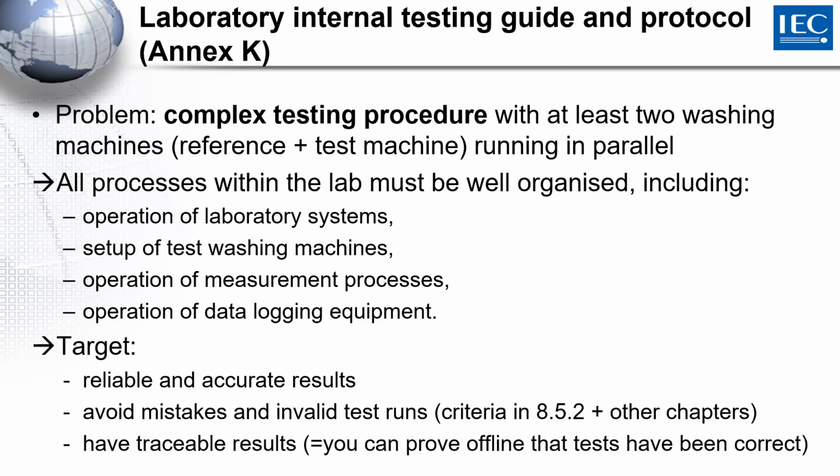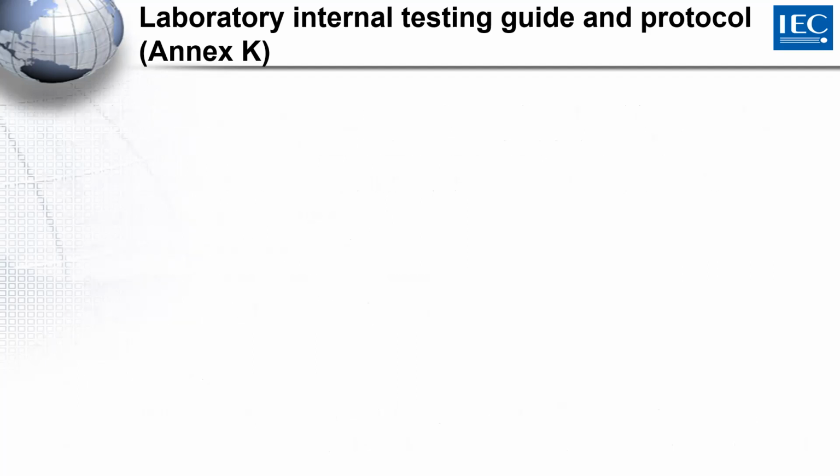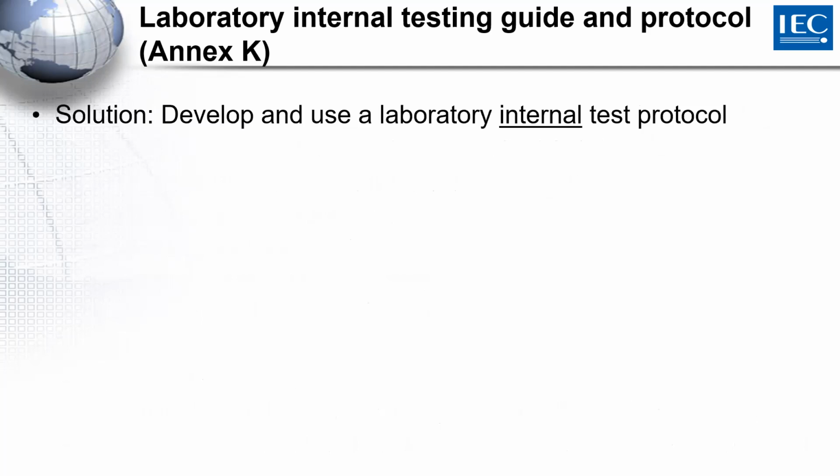So for this, it has been good practice to set up something like an internal laboratory testing protocol, which defines how the testing of a washing machine in this case should run, not in saying use the standard and do it like the standard, but saying in detail how this is done in your laboratory.